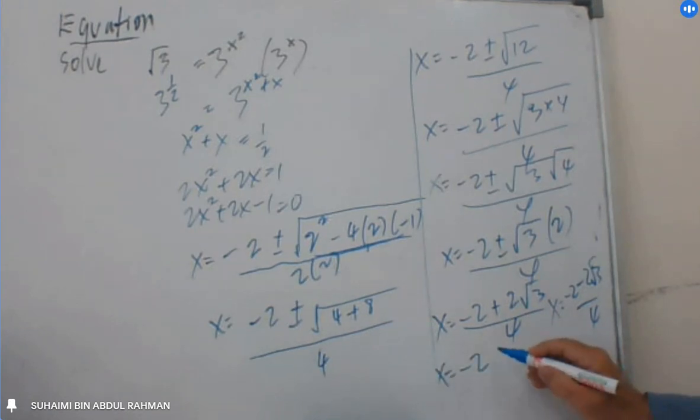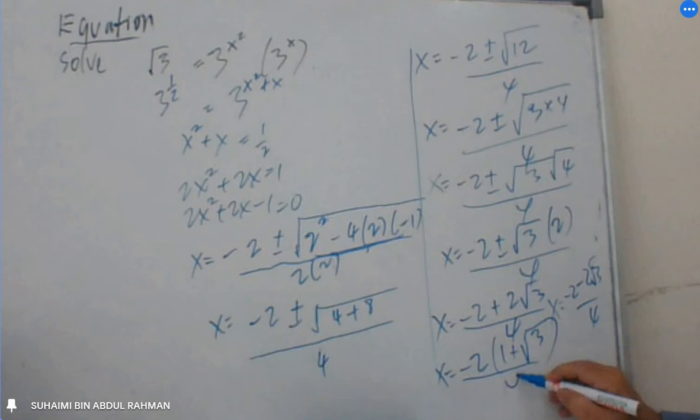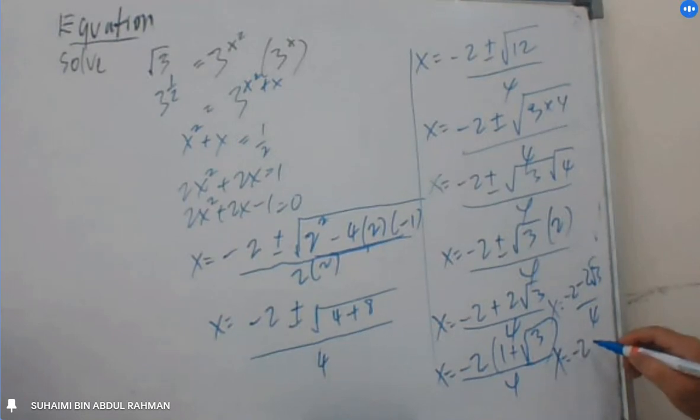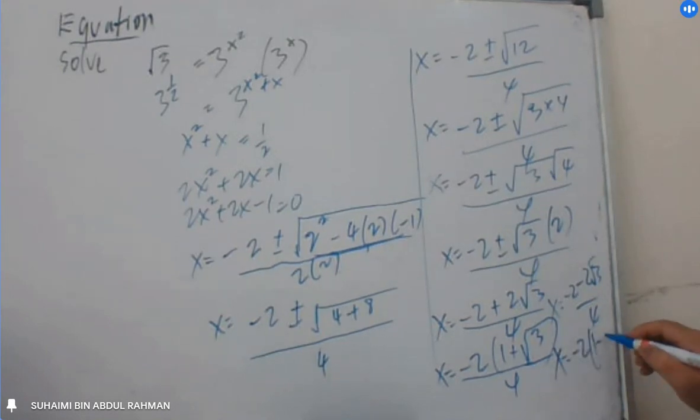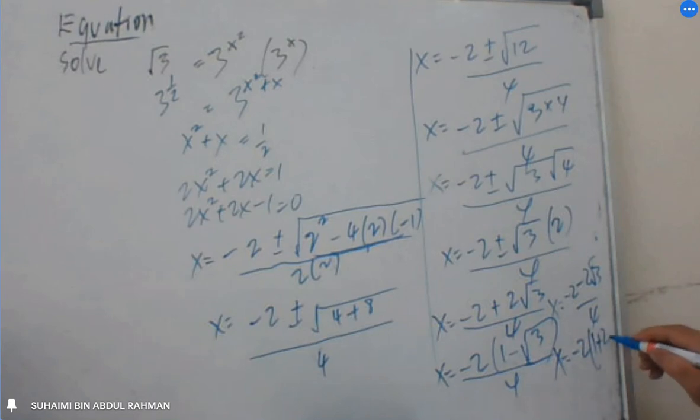x is minus 2 times 1 plus square root of 3 over 4. And the other x is minus 2 times 1 minus, sorry, 1 plus 2 square root of 3 over 4.